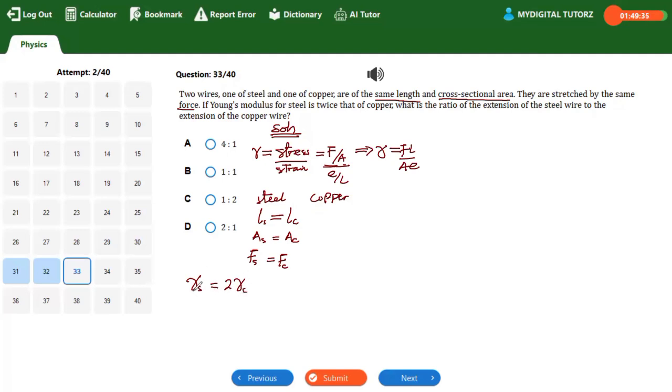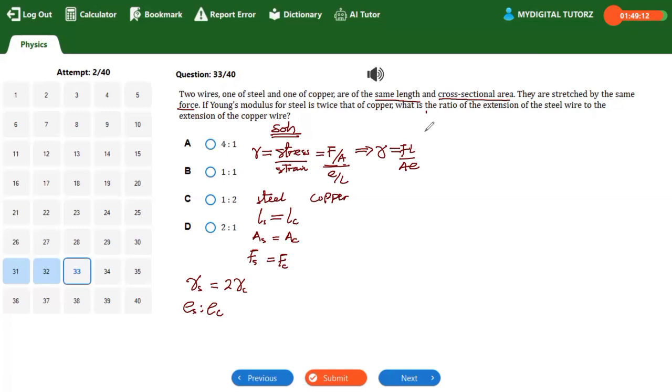So we are going to write from this formula we have here. Since we are looking for E, what we are looking for is the ratio of extension on steel to extension on copper. Is that understood? So since that is what we are looking for, from this formula we make E subject of the formula.